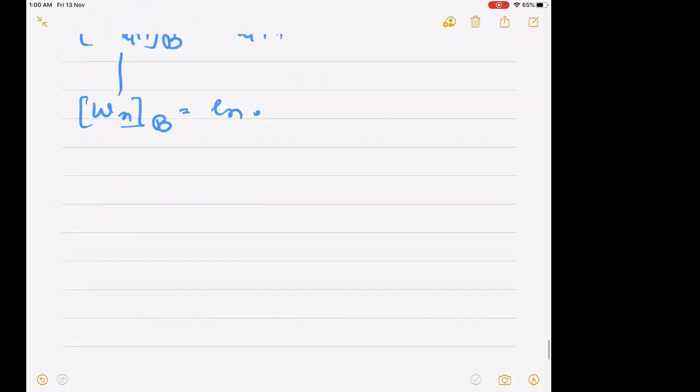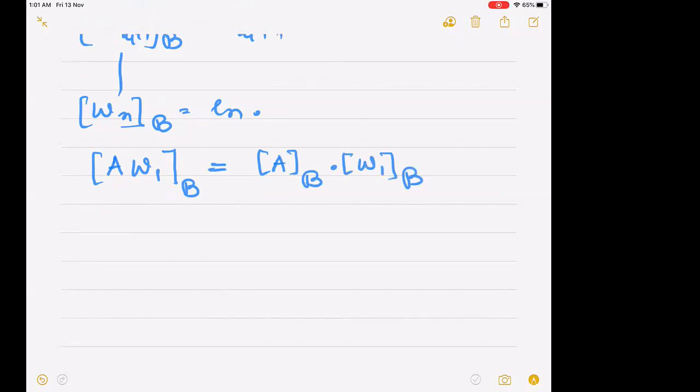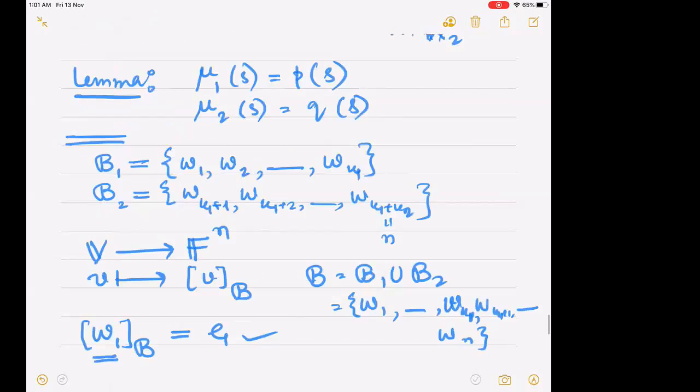And of course, if I have A, the operator, its action on W1 when represented in this new basis is nothing but the representation of A in this basis B into W1 in this representation, isn't it? And this is true for all W, in fact.